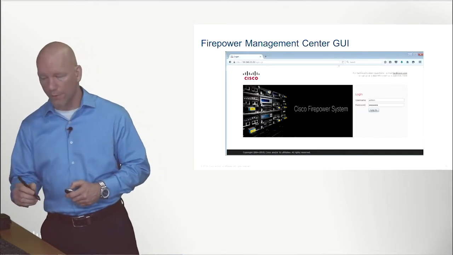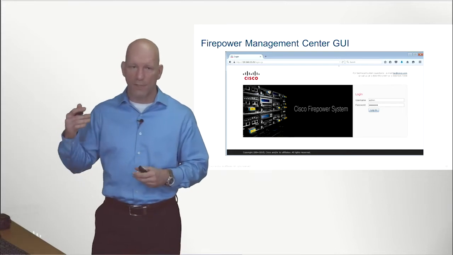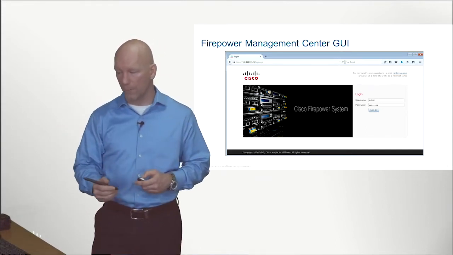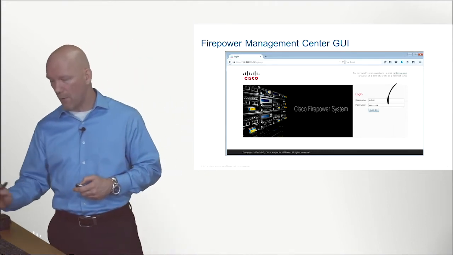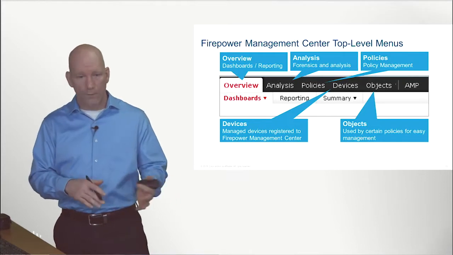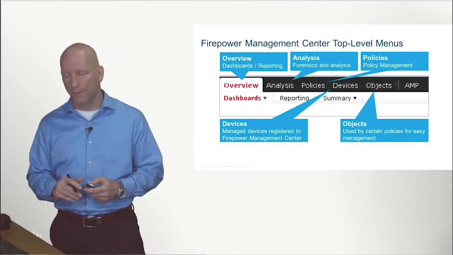So let's go over the actual login screen. One more time, from any standard browser, you HTTPS into the IP address of the Firepower Management Center appliance and give it a default login, and you're able to go in and create another account or even just change the login credentials for the default admin account.